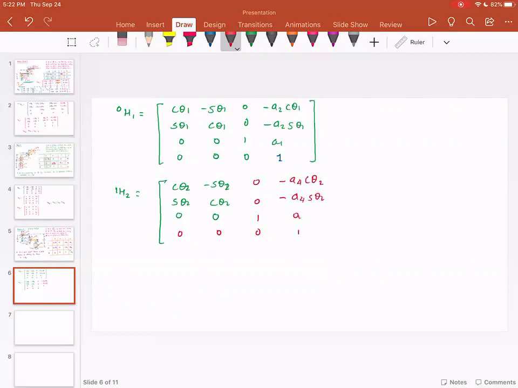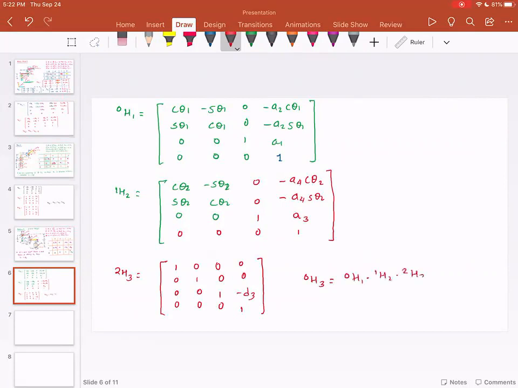So this is a3 1. And the last but not least 2h3: 1 0 0 0, 0 1 0 0, 0 0 1 0, 0 0 minus d3 1. And 0h3 is 0h1 1h2 2h3.